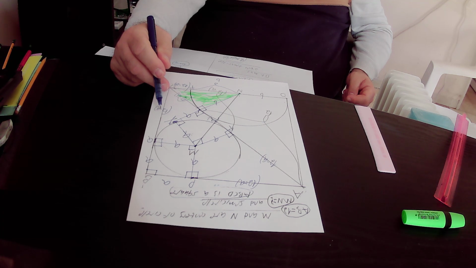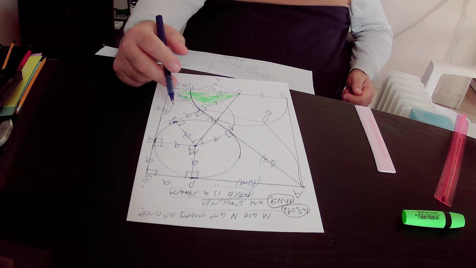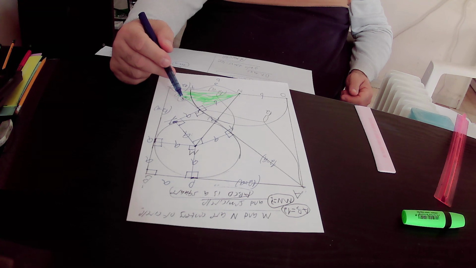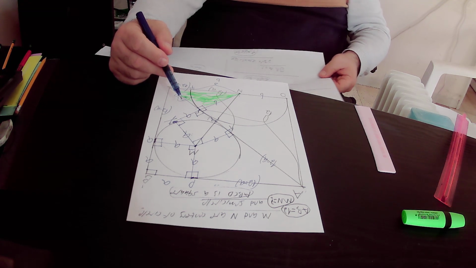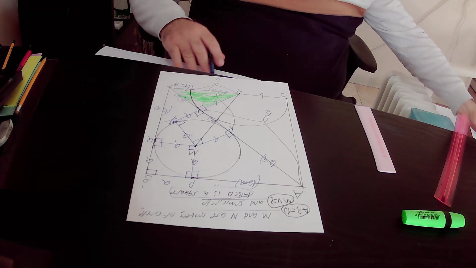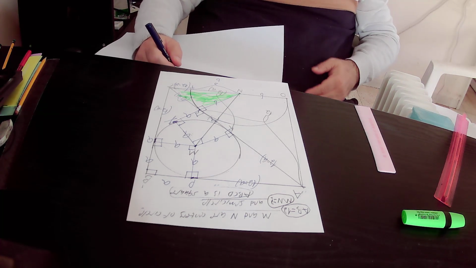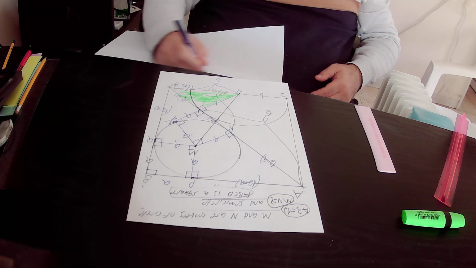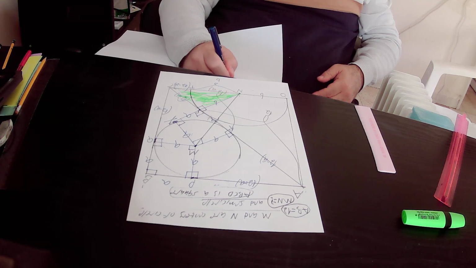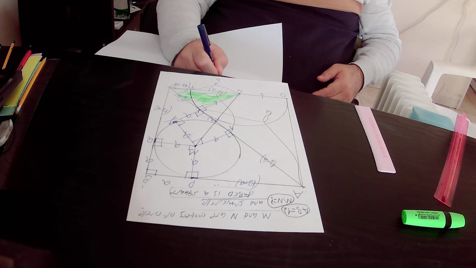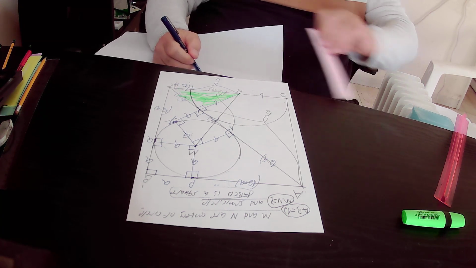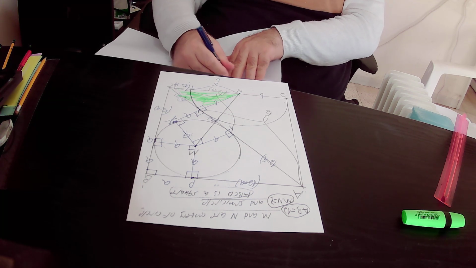In the next step, we will focus on the right triangle, triangle MXN. In the right triangle MXN, according to the Pythagoras theorem, the square of the hypotenuse equals the sum of the squares of the perpendiculars.